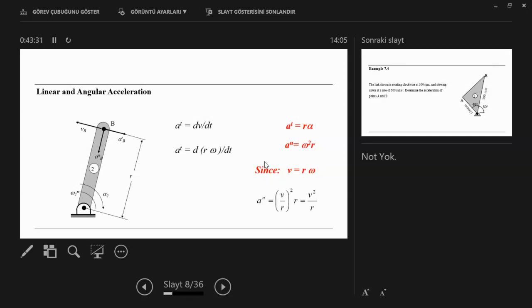And the normal component AN is equal to V square over R.